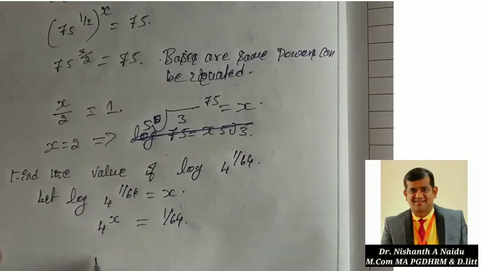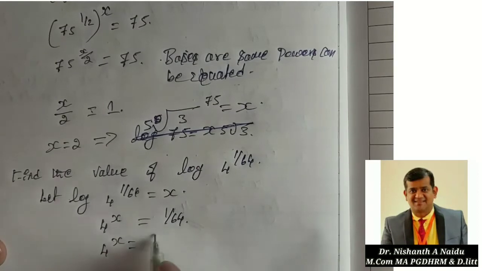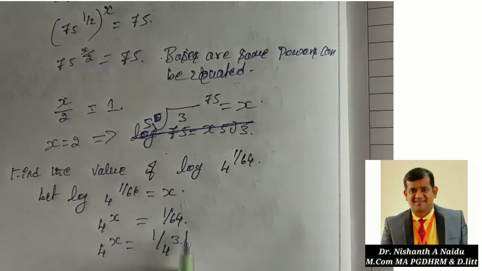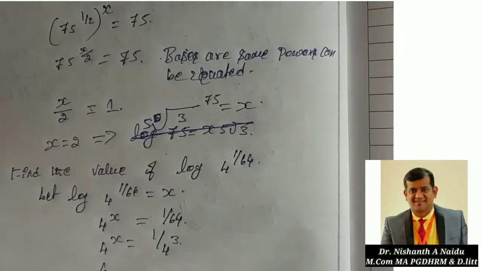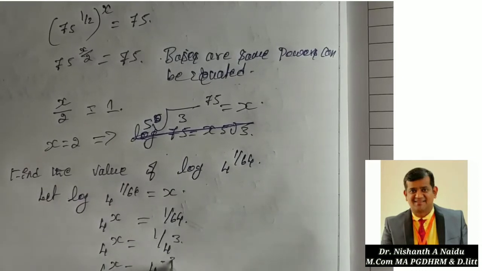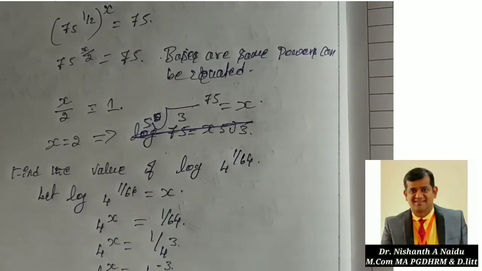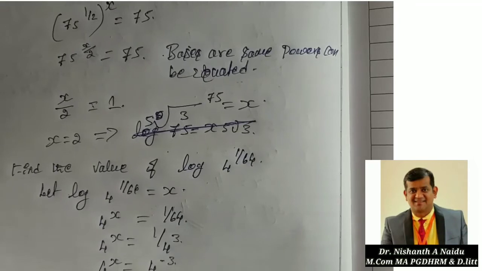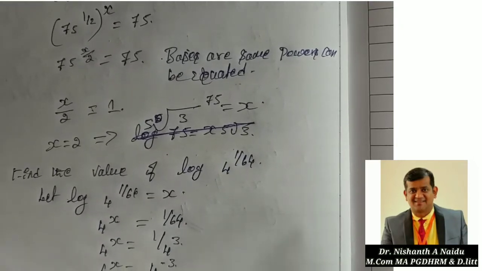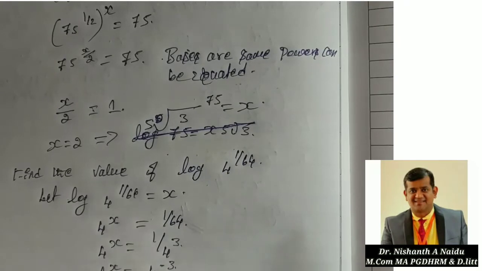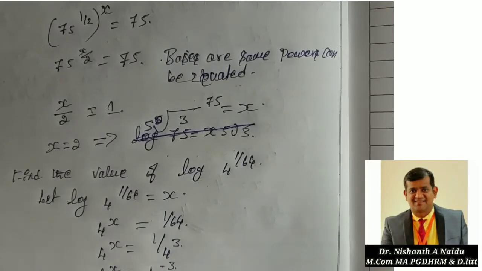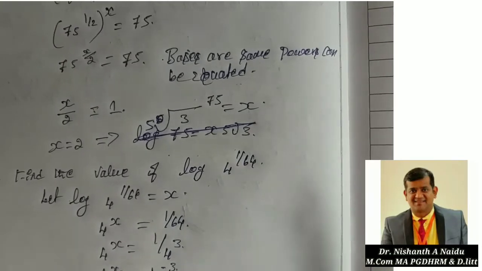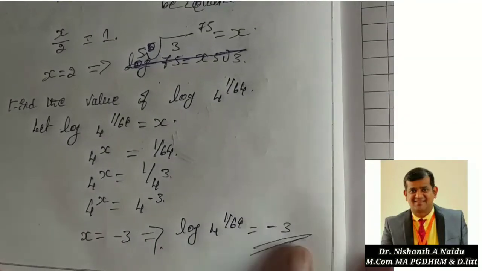So that means 4 to the power x equals 1 divided by 4 to the power 3, because if you multiply 3 times, you will get 64. 4 to the power x equals 4 to the power minus 3. When bases are same, powers can be equated. So x equals minus 3. So log 4 to the power 1 divided by 64 equals minus 3.